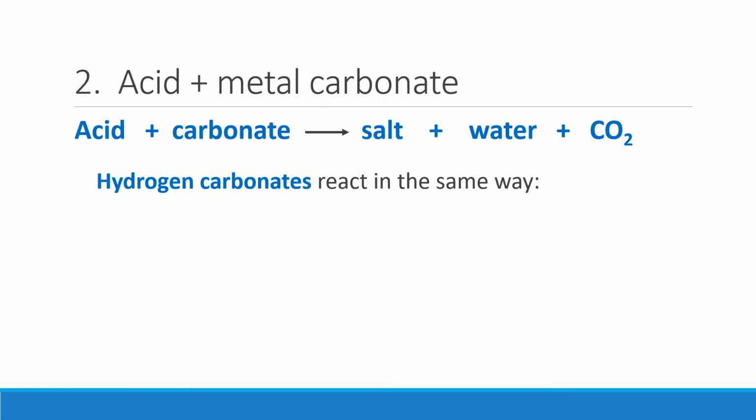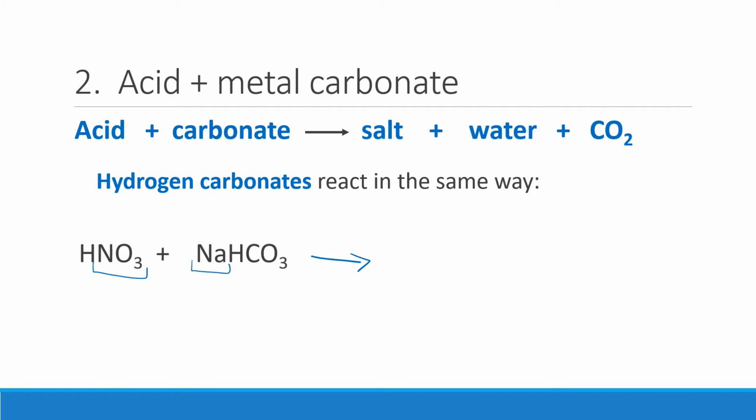Okay. So we'll also mention that the carbonate can be a hydrogen carbonate as well as just a straight carbonate. So an example of that would be nitric acid reacting with sodium hydrogen carbonate. The products are exactly the same. We still get a salt, water, and carbon dioxide. So let's write our products here. So our salt is going to be forming from the anion in our acid and the cation in our hydrogen carbonate.